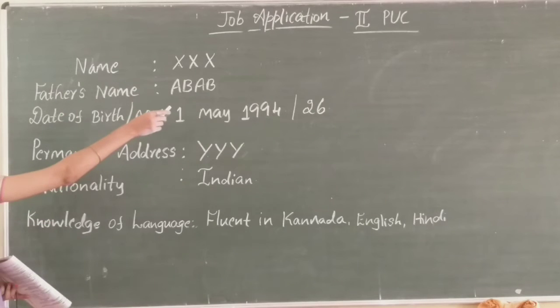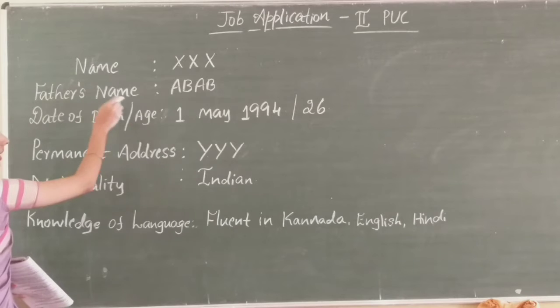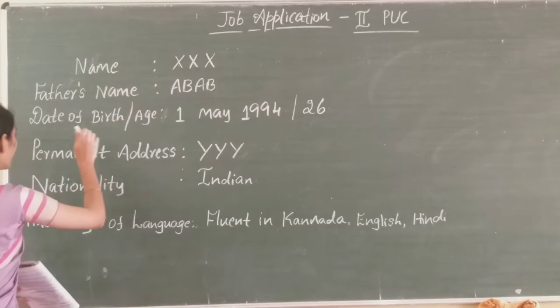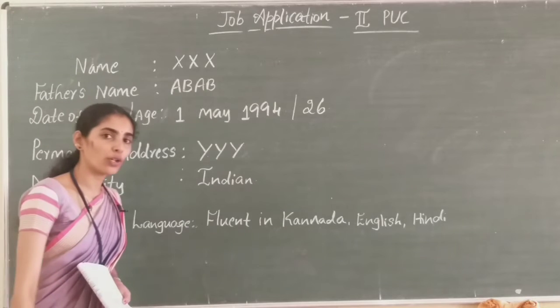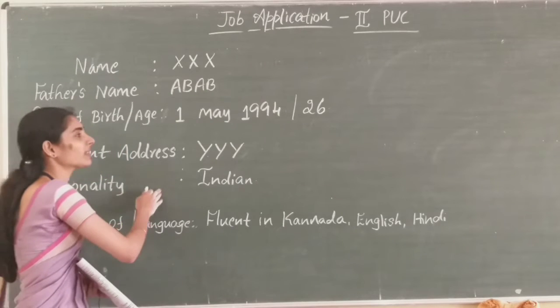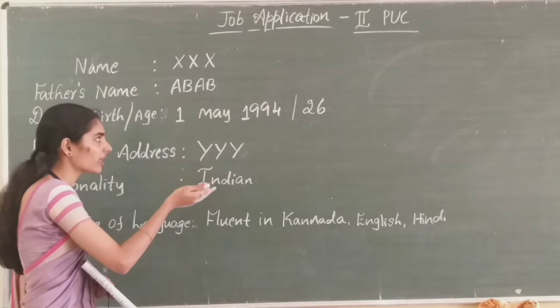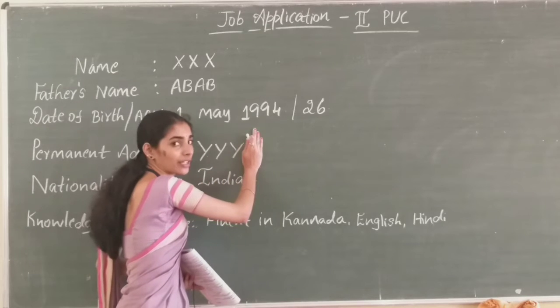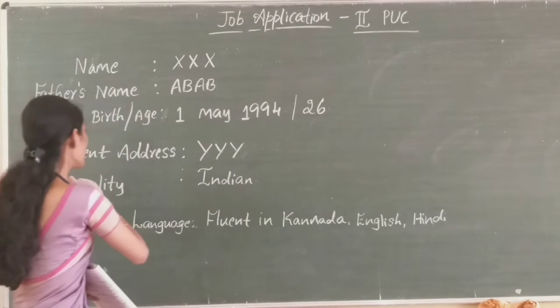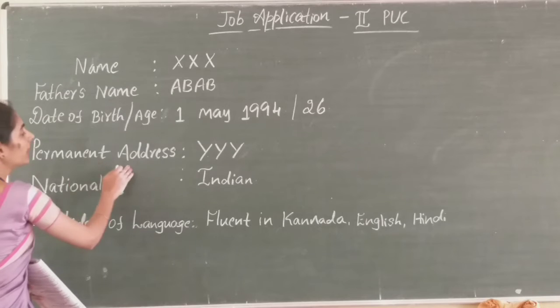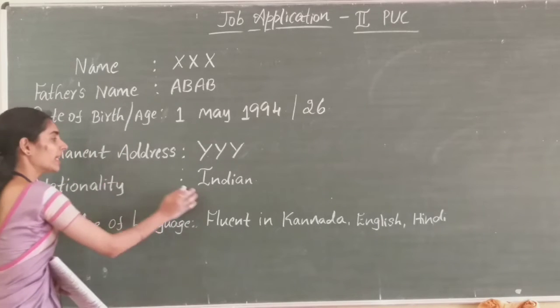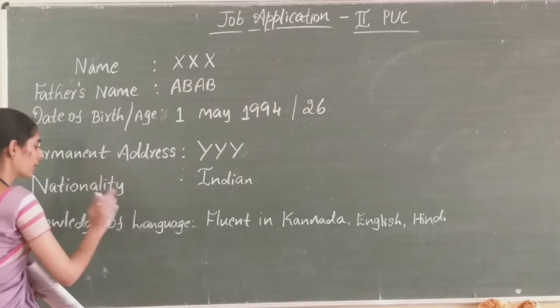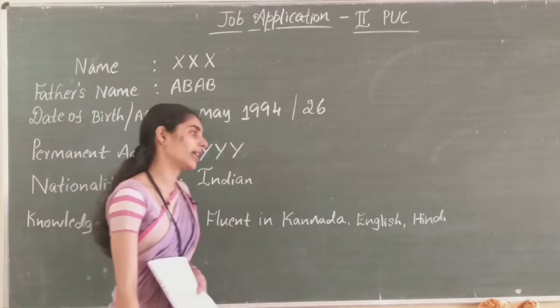Name XXX, father's name AB, and then date of birth or age 1st May 1994, 26. I mean if it is asked 3 years or 2 years, definitely you can go for 1994. Remember? Yes. And then permanent address YYY, nationality Indian, knowledge of language fluent in Kannada, English, Hindi.